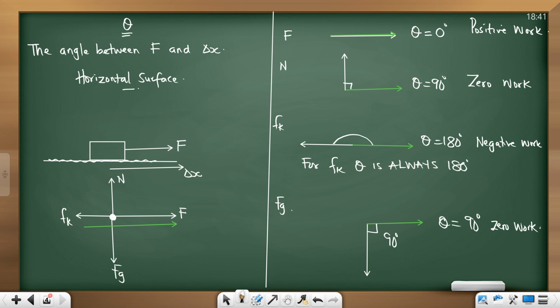Makes sense, right? So if I am stopping a car and I apply the brakes, don't be deceived by me pressing forward. That's just a system. But really, the brakes are acting in the opposite direction while the car is moving forward. So in that case, my angle is going to be 180.